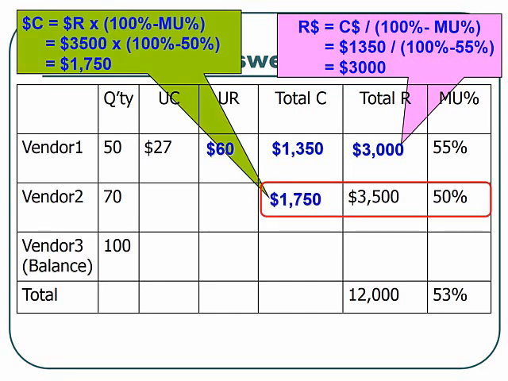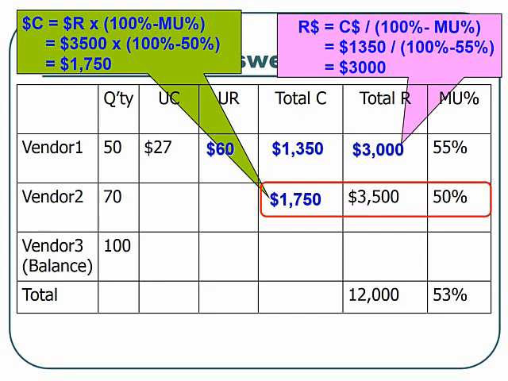This is also becoming one of the 3 most frequently used formulas, right? When we know the total R and markup percent, we can figure out the C, total cost, right? So R times 100% minus markup percent will be the C, cost value. So 3,500 times 100% minus 50% will be 1,750.